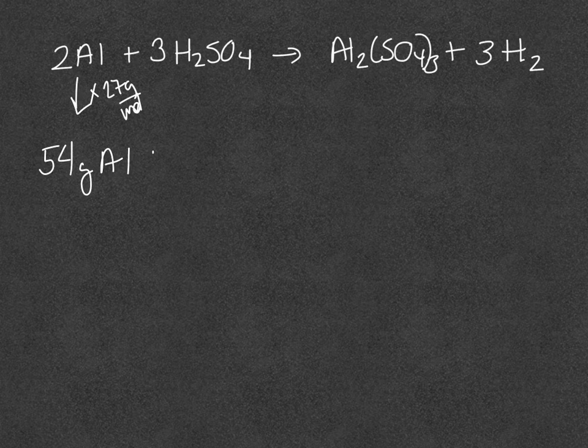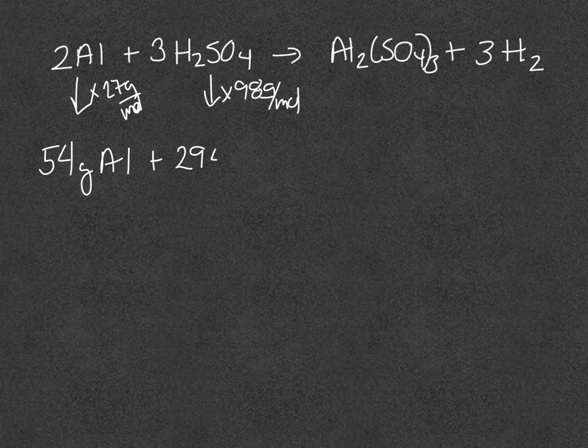Okay? And then I'm going to do the same thing with the rest of them. So instead of 3 moles of H2SO4, I'm going to convert that and multiply it by the molar mass, which is 98 grams per mole. And then that means that 3 moles of H2SO4 actually weighs, it's like having 294 grams of H2SO4.